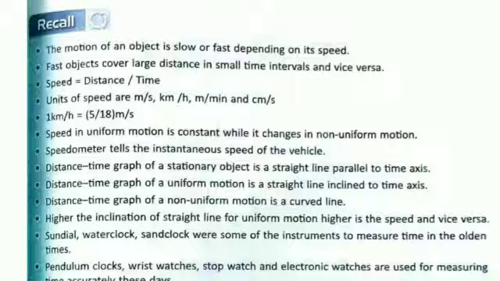Any type of curve is non-uniform. Next, the higher the inclination of a straight line for uniform motion, the higher is the speed, and vice versa. A steeper line means higher slope, higher speed, and less time taken.